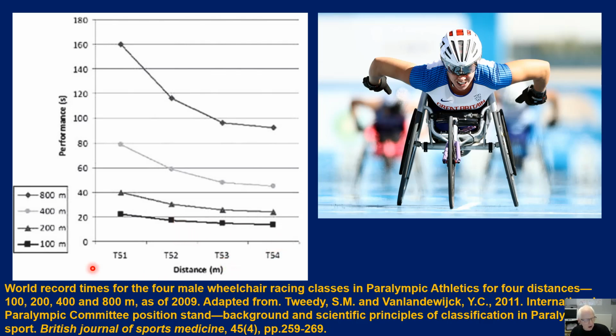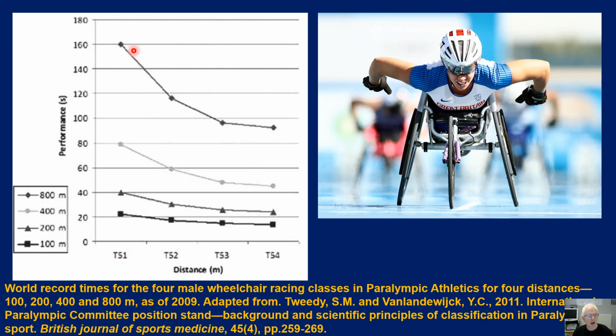So without us really knowing the nuances of the physiology here, we can quite clearly understand that a T51 is more physically impaired than a T54. They therefore have probably got a higher spinal cord lesion in a T51 compared to a T54.